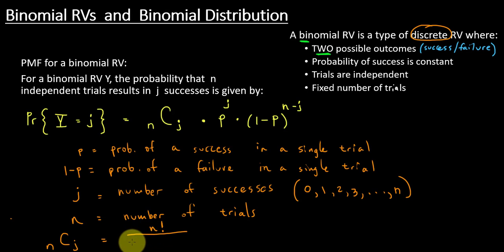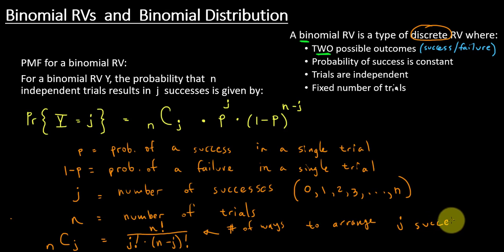Big number factorial on top, small number factorial on bottom, times big minus small factorial, also on the bottom. We also saw how to use this function in R, but what this represents is the number of ways that you can arrange j successes in n trials.